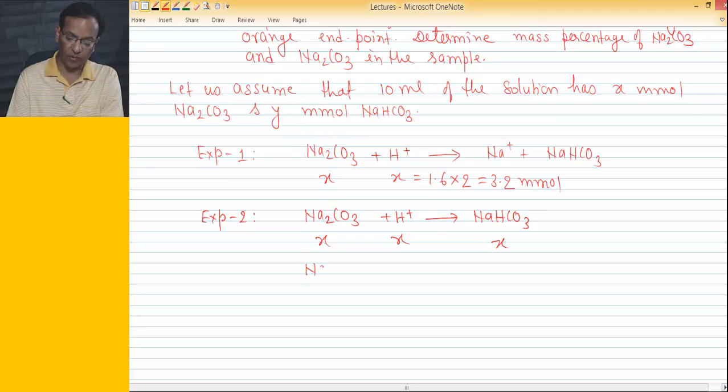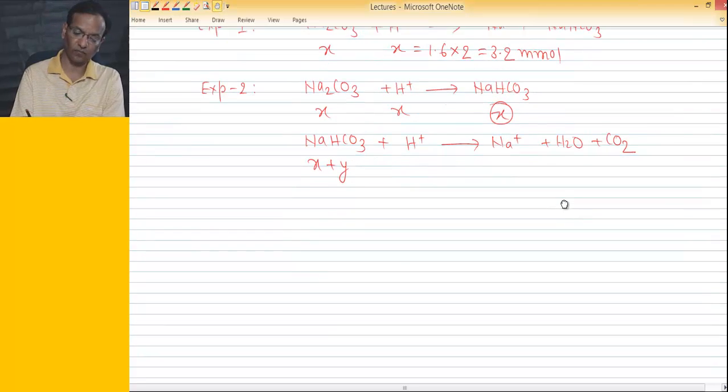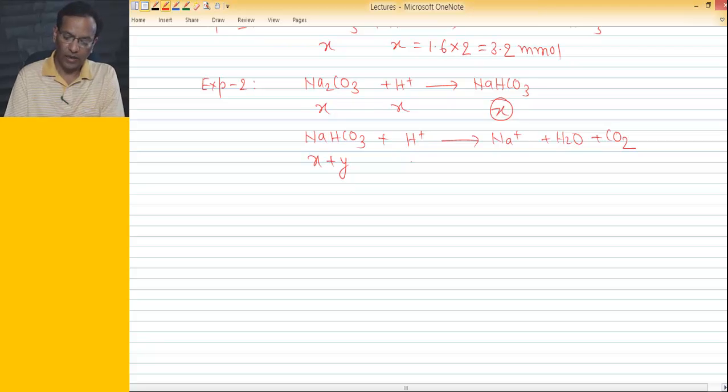In the next step, we have NaHCO3, X plus Y millimole, X here and Y original, plus H plus, giving Na plus, H2O, CO2, and here again X plus Y millimole of H plus would be required.